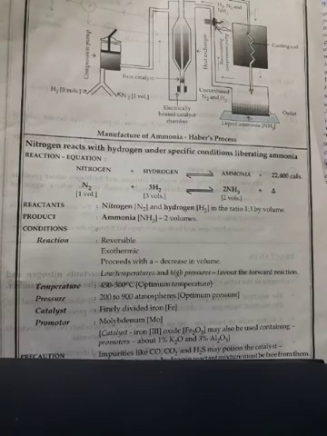So by applying it, how we can find out favorable conditions, that we are going to discuss. Conditions which are favorable for the forward reaction, that we are going to find using this principle. First one we will see effect of temperature.